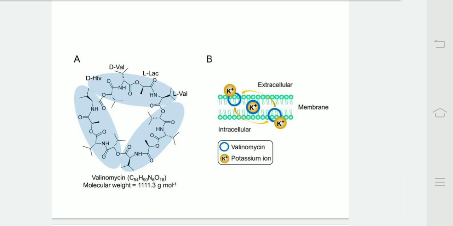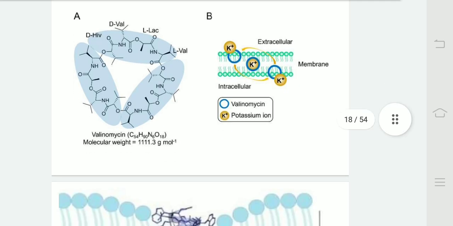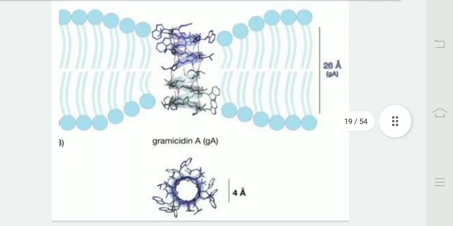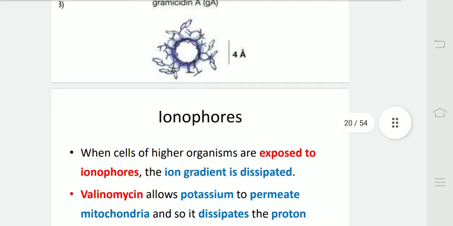In this diagram, we can see an ionophore made from valinomycin, an antibiotic which allows passing of potassium ions. In this diagram, we can see an ionophore made from gramicidin, which again is an antibiotic.